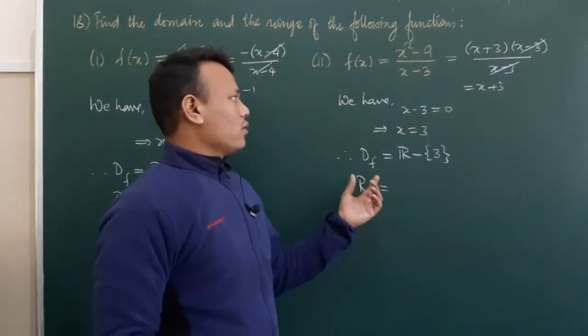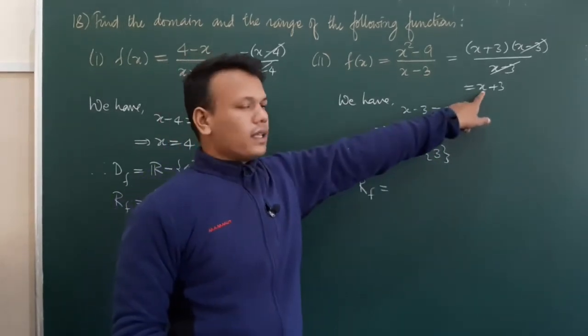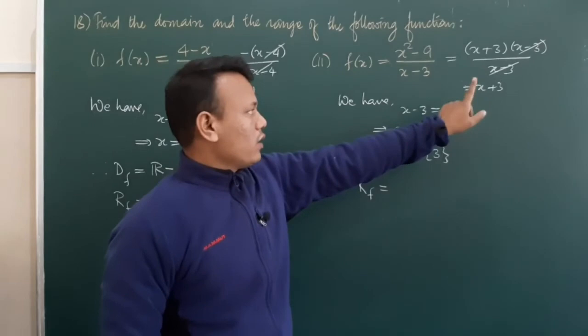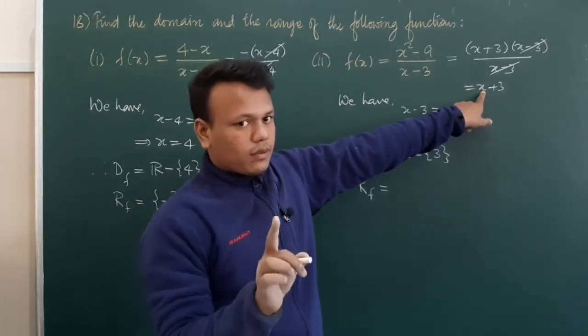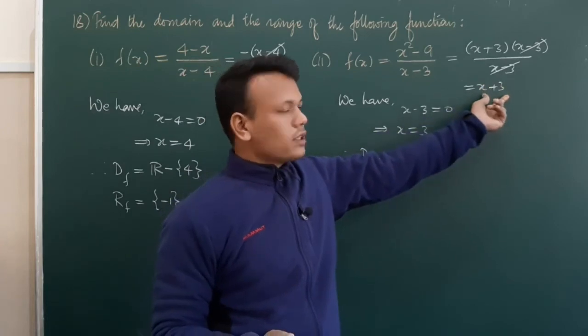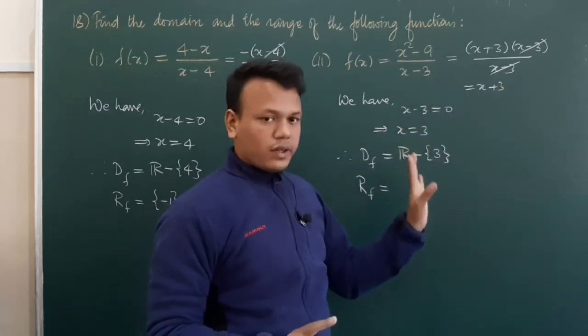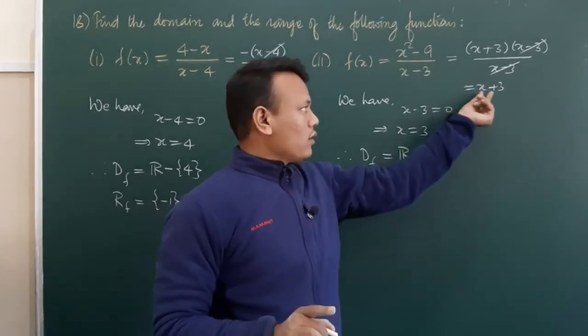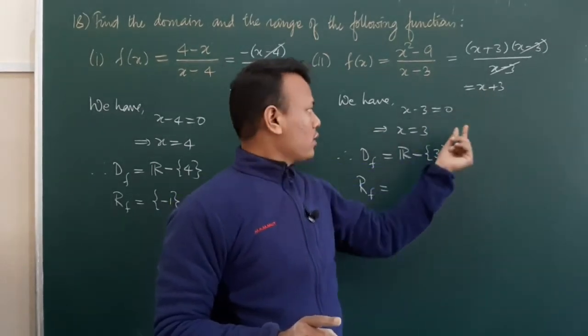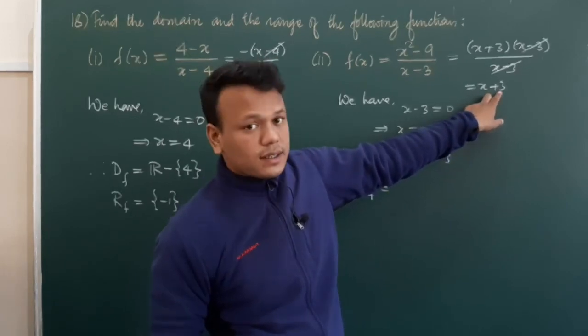Now that means if you choose any value for x other than 3, right? First see here carefully: if you choose 3, then this becomes how much? 0, yes? But the value of x cannot be 3, isn't it? If you choose 3, then this becomes 3 plus 3, which is 6.